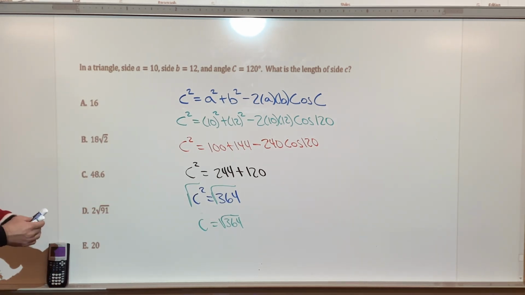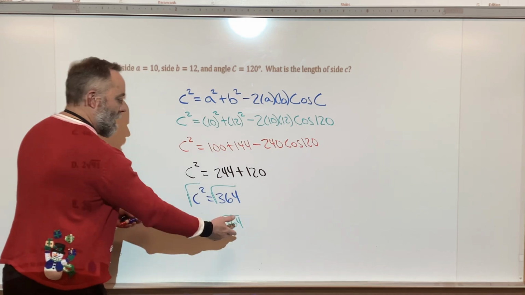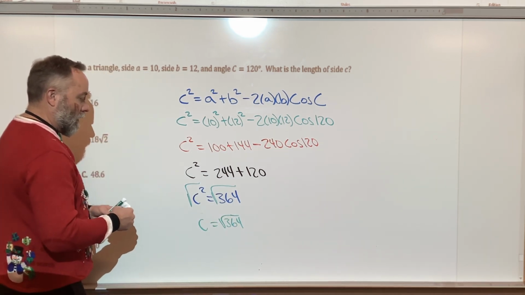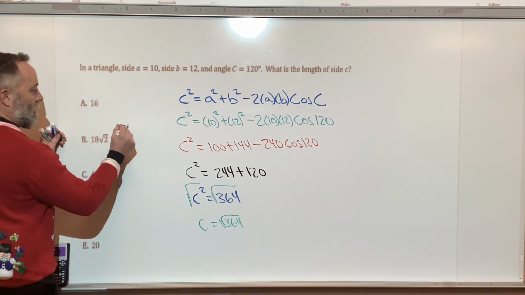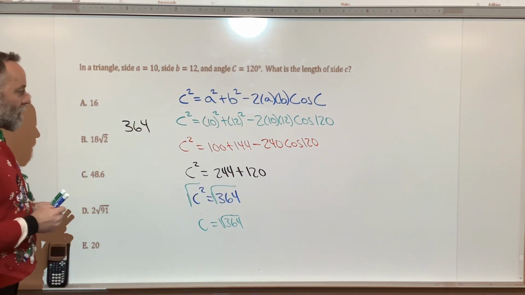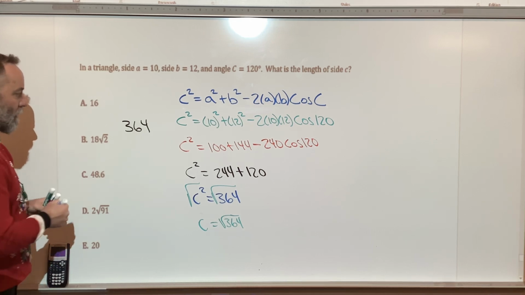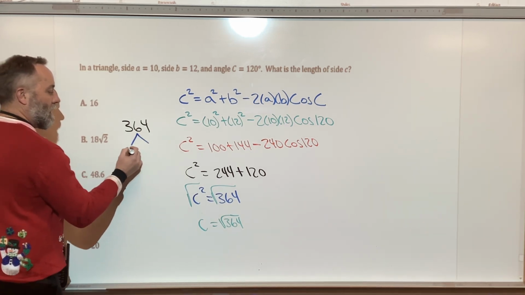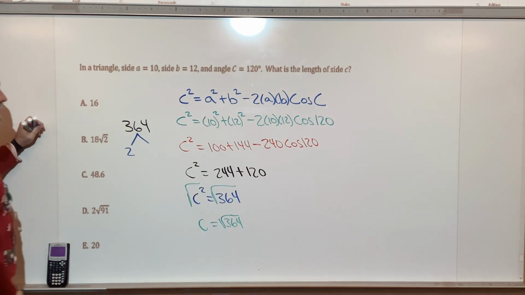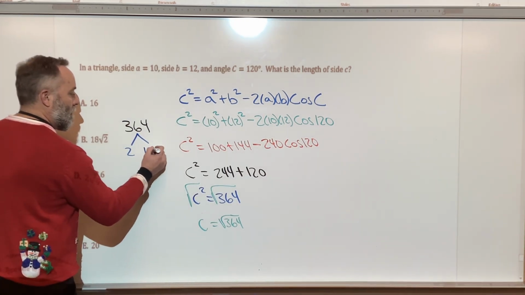Or you can say, all right, how could I simplify the radical of square root 364? So if we did that, maybe I'll show that over here. You can do this in lots of ways. You can look for the largest perfect square, or if you can't see a perfect square, just start factoring, and 2 divides 364 to be 182.